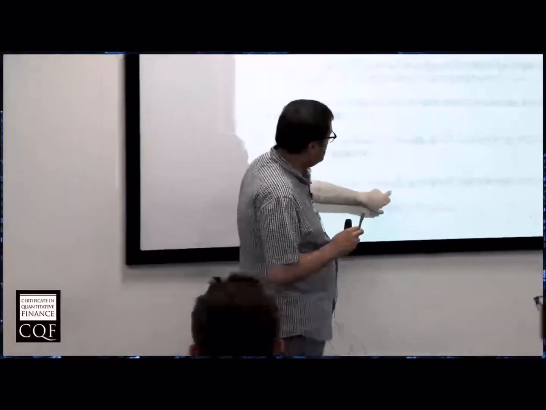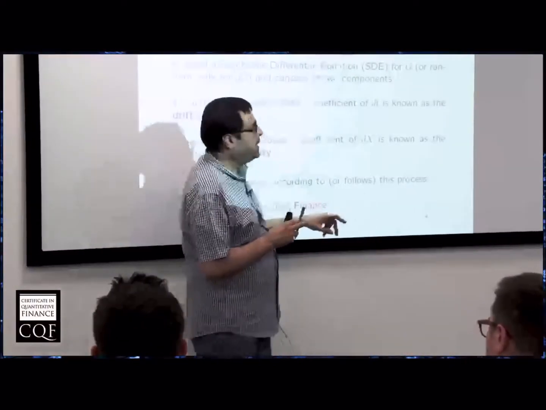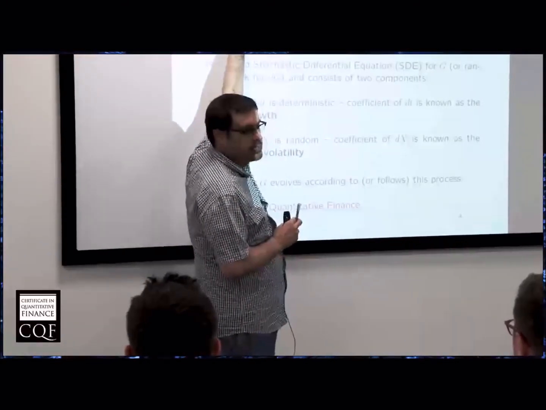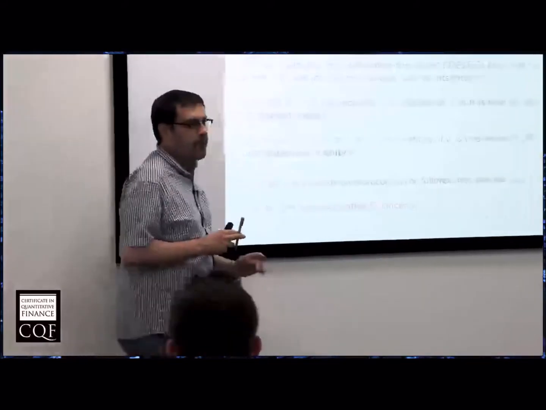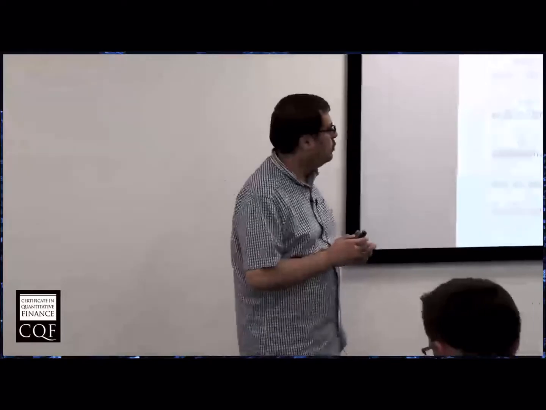And we say that G evolves according to this process, or this SDE. That's the SDE which models the evolution of that process there. Is everyone happy with that? Or is there any bit you'd like me to go through again before we move on?